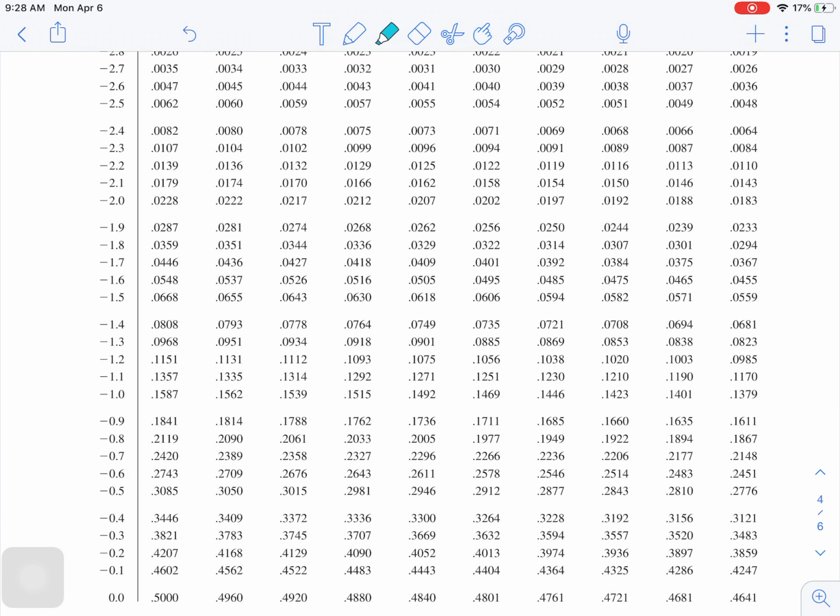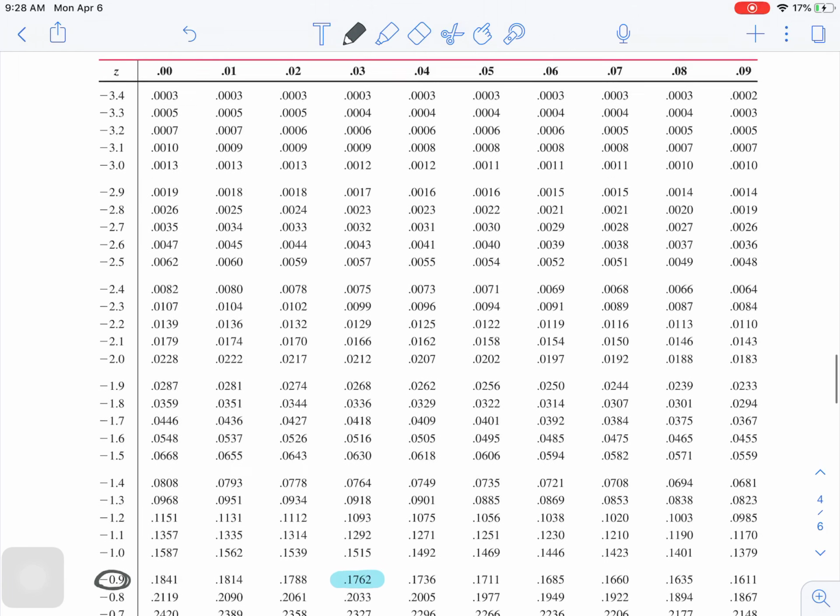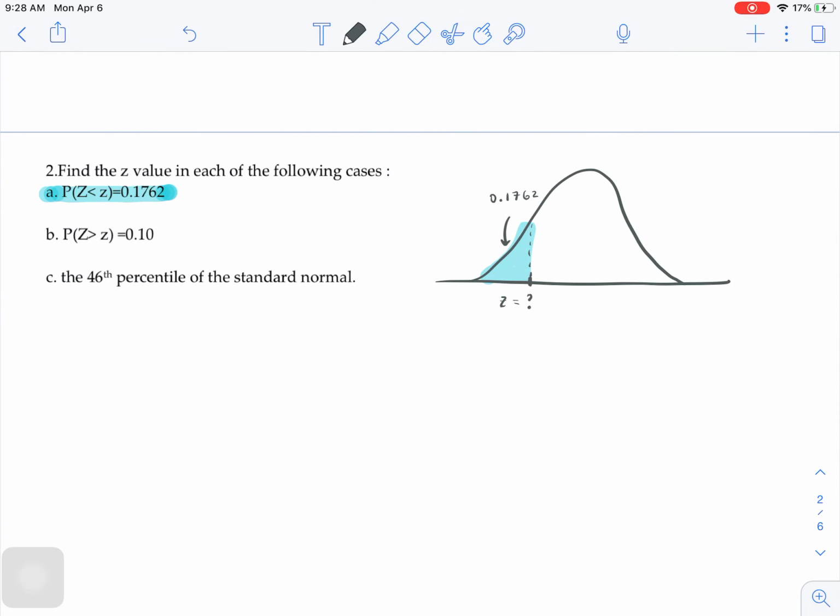Well, I see that right here. So I know that the z-value corresponding to an area to the left of 0.1762 is negative 0.93. So this z-value here is negative 0.93.